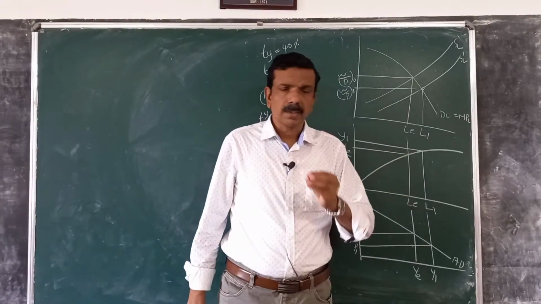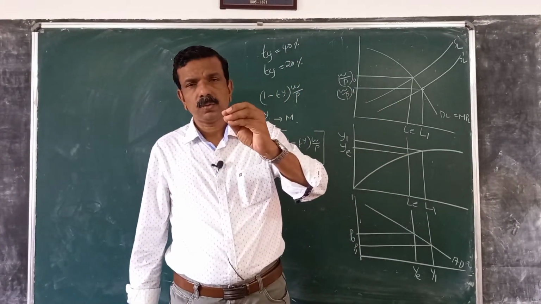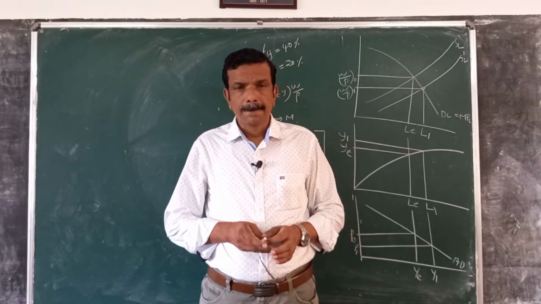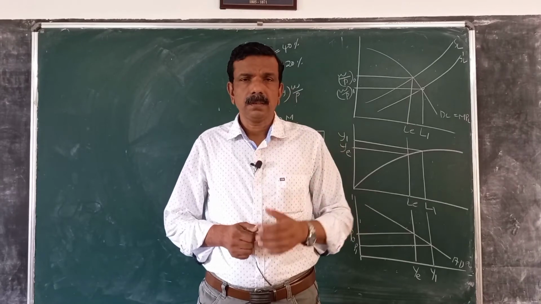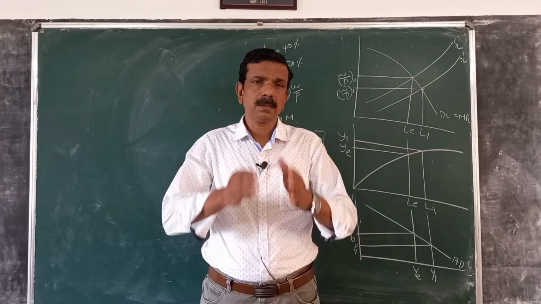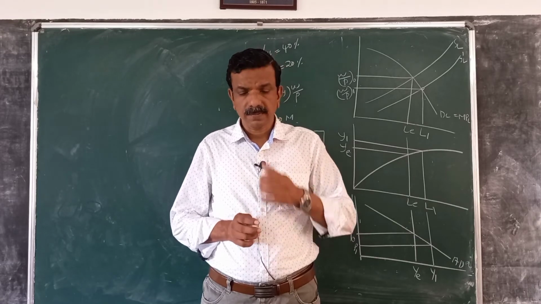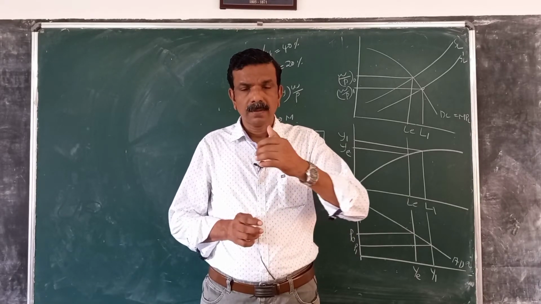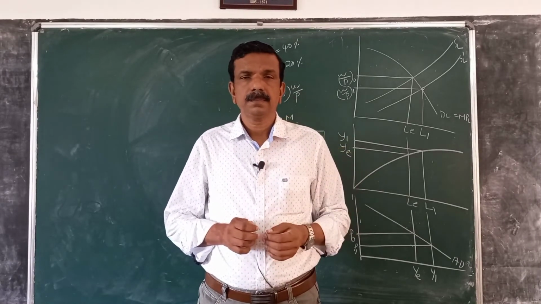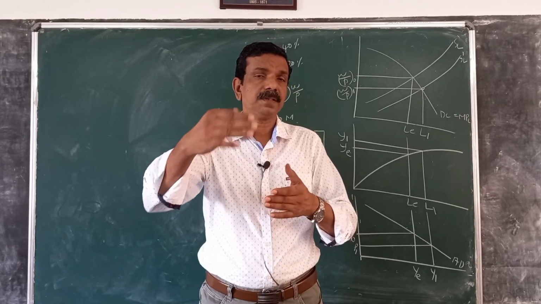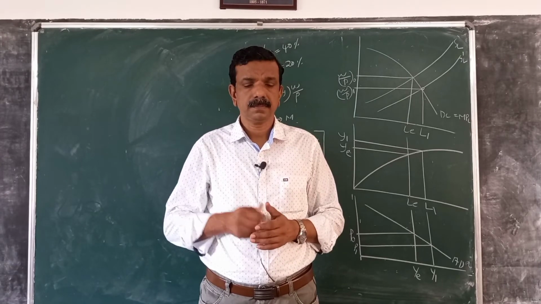So, before concluding, let me say two words about monetary policy. In the classical model, the quantity of money determines the price level, something which we have studied. It determines nominal income. It cannot affect the values of any of the real variables in the system.